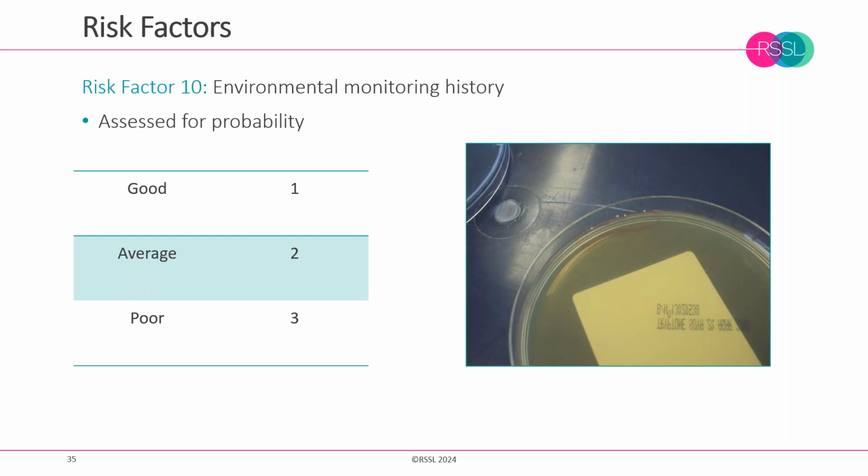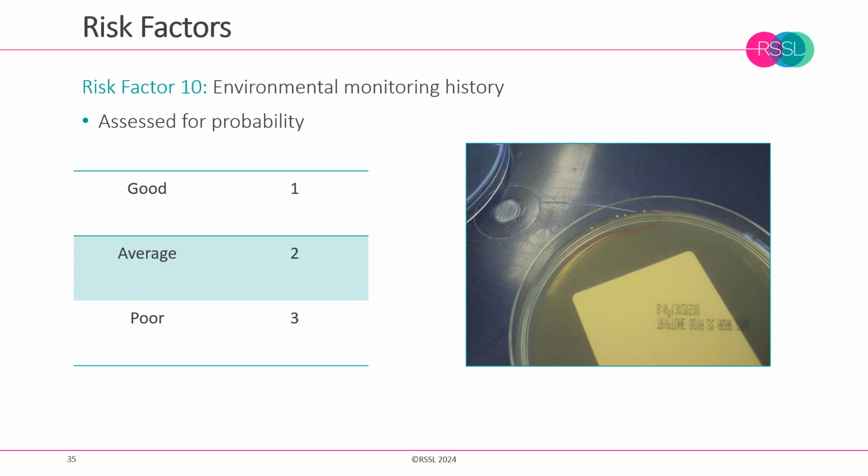And then our final risk factor is the environmental monitoring. So we're looking at the environmental monitoring trends over a 1-year period. And then this is something that could be subject to annual review, and it may eventually affect the frequency of monitoring itself.